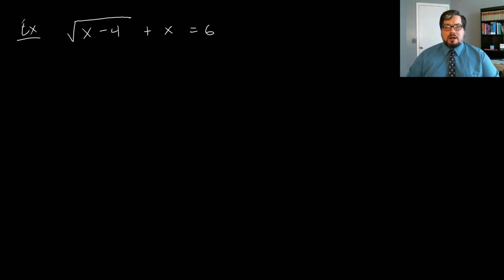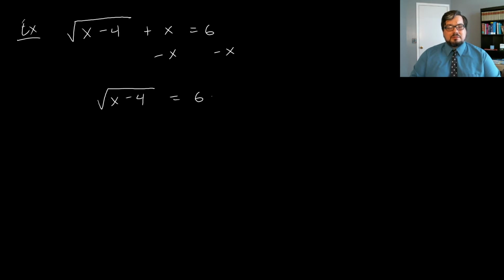even if it makes the rest of the problem more complicated. So the first thing that we're going to do is isolate the radical by itself on one side of the equation. Then we're going to square both sides of the equation and see what we get. The square root and the squared cancel each other out.